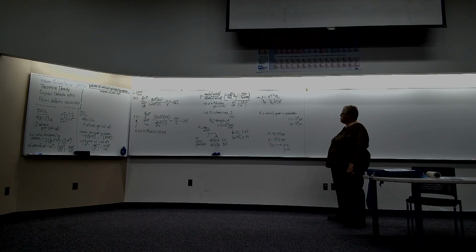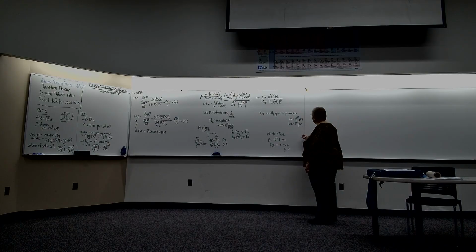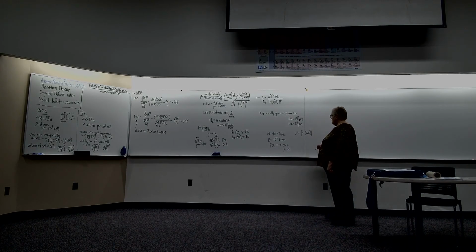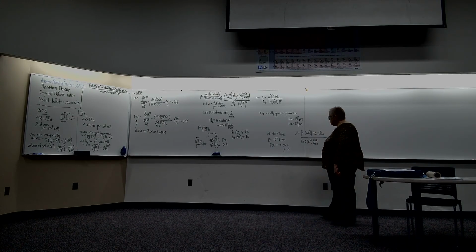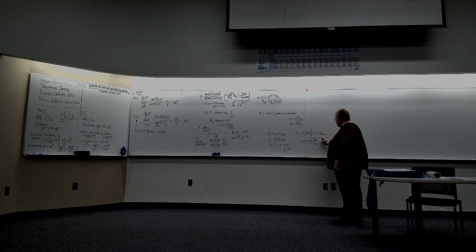All right, so density is going to be 4 times 2 root 2 times M, 90.7 grams per mole, over 6.02 times 10 to the 23rd atoms per mole, times 64 r cubed.